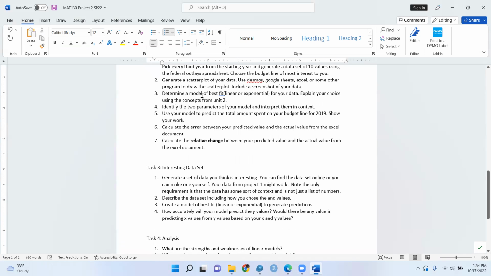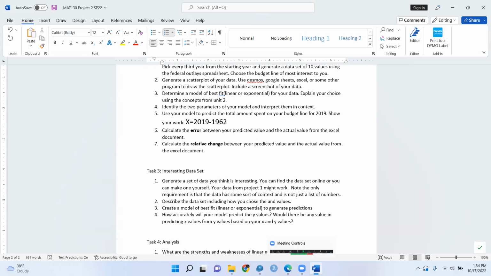Again, you're creating a model of best fit and how you know which one. You're identifying the parameters and interpreting them, and then you're predicting that amount. So for example here, if 1962 is your starting value, your X is going to equal 2019 minus 1962. That's what you would do there, and then calculate that value, whatever that is.